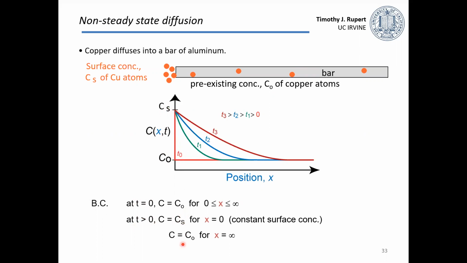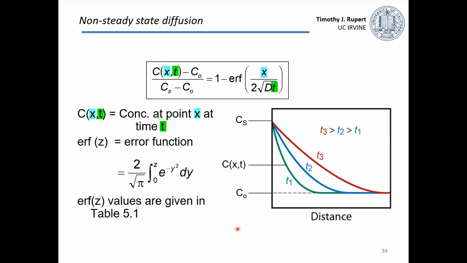And then we know that C equals C naught way out at infinity. But we want to describe all those other situations when x is neither 0 nor infinity. So this is generally what we want to solve for: what's our composition at a given position and time, okay? And those positions and times are going to be in that error function equation.